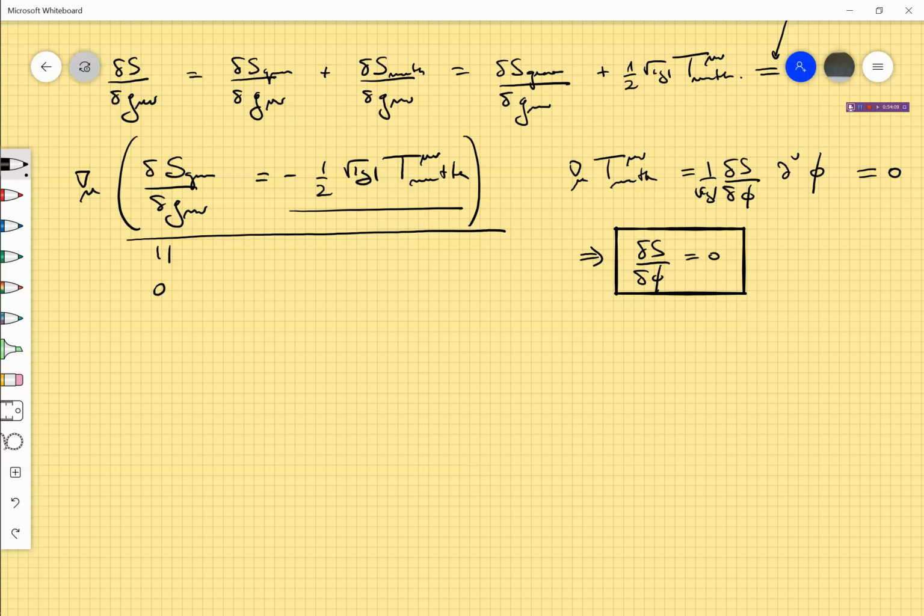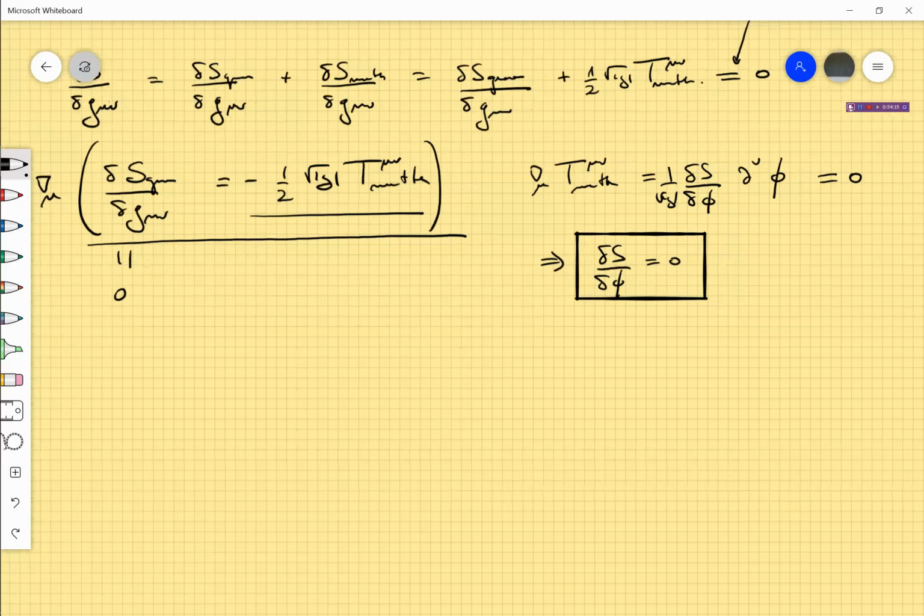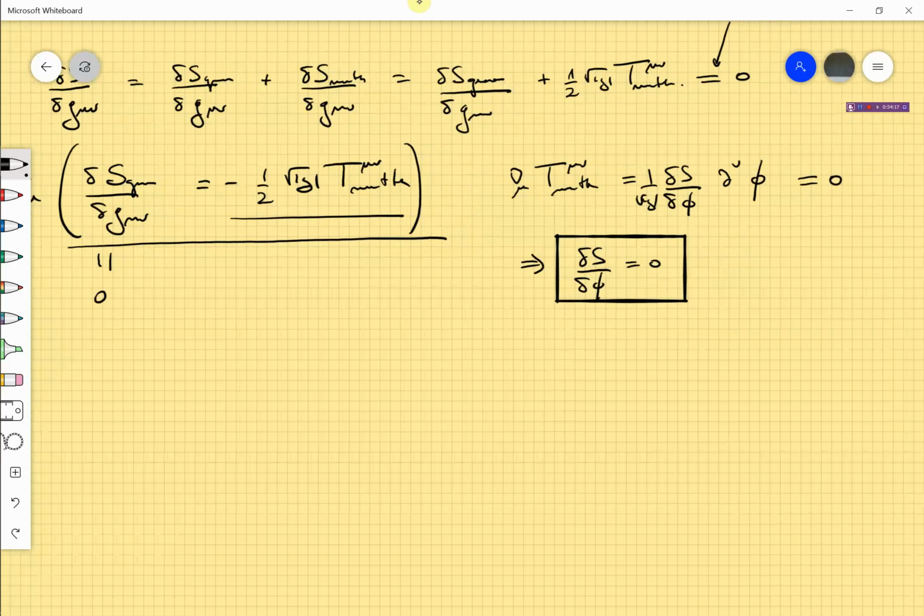By imposing this consistency condition, you demand or imply the equations of motion of the fields. If you have more fields, and you have here a linear combination of the equations of motion of different fields times derivatives of those fields, it is more complicated to conclude that each of them is satisfied separately, but still this is a quite important constraint that you have to be aware of, because it is very useful.